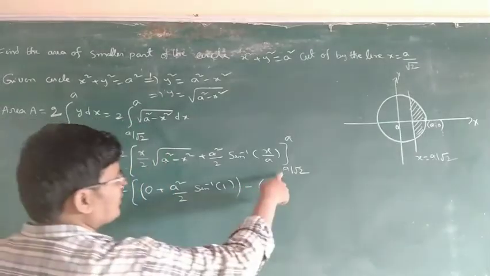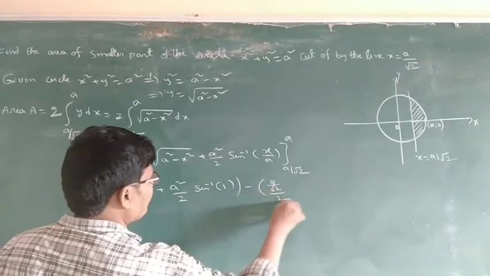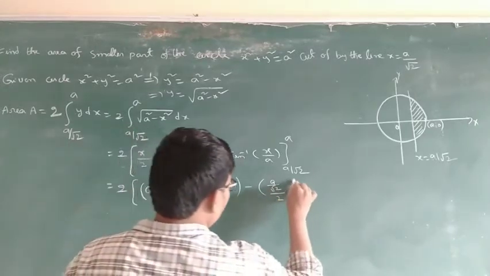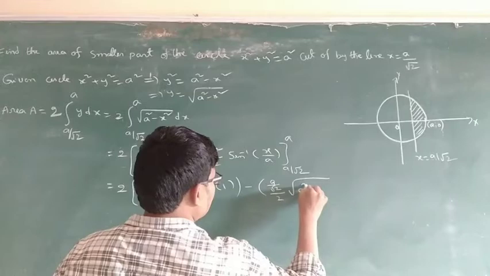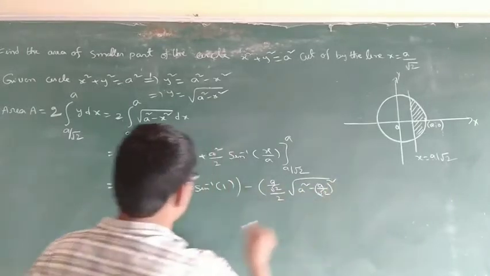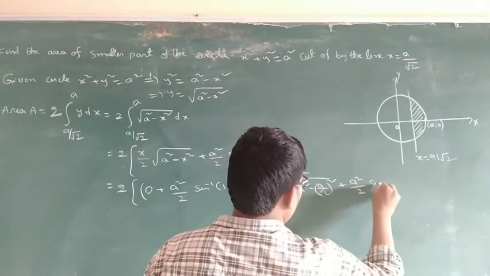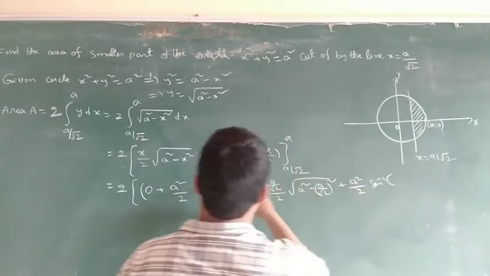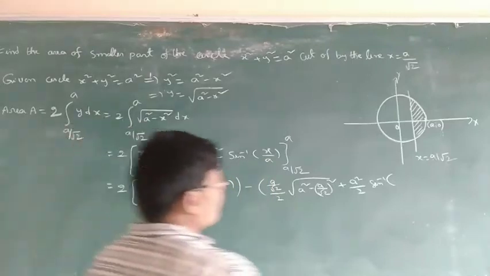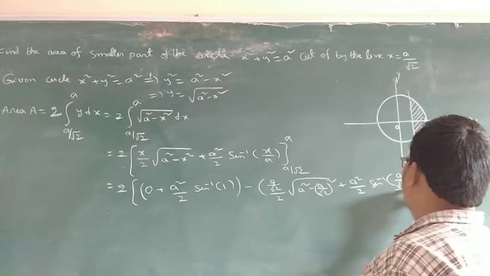The lower limit is what? a by root 2. a by root 2 by 2 into root of a square minus a by root 2 whole square, plus a square by 2 into sin inverse of x by a, x is equal to a by root 2, so a by root 2 by a.